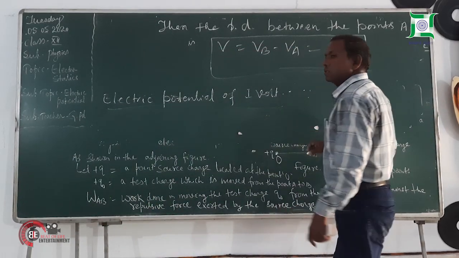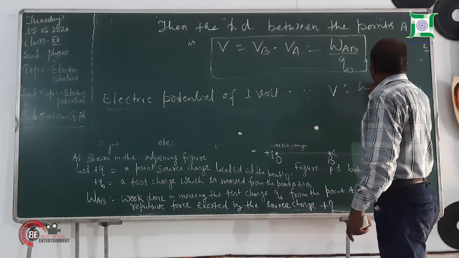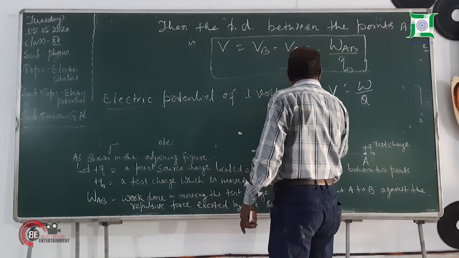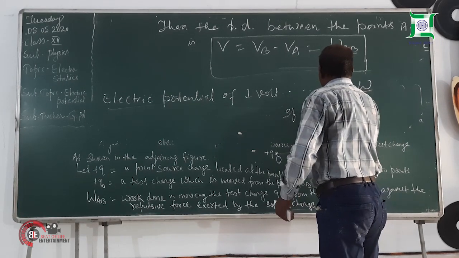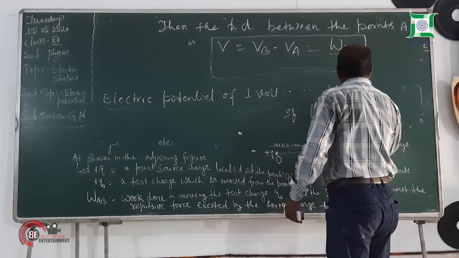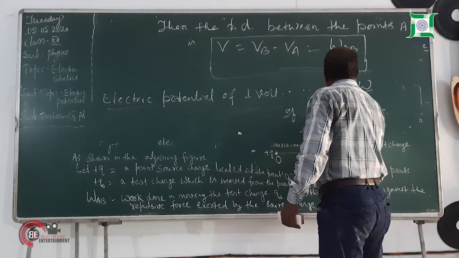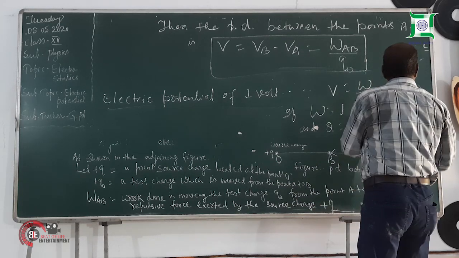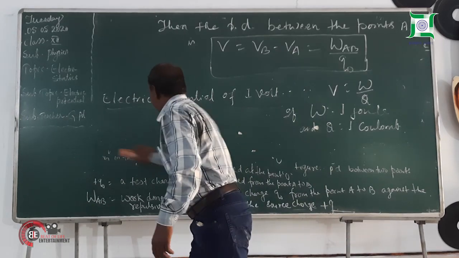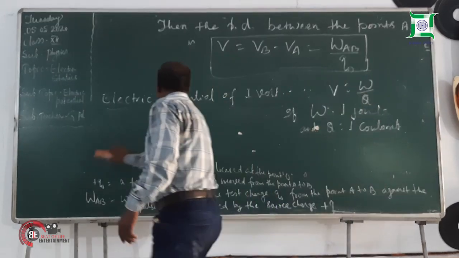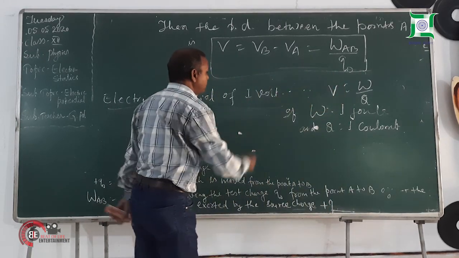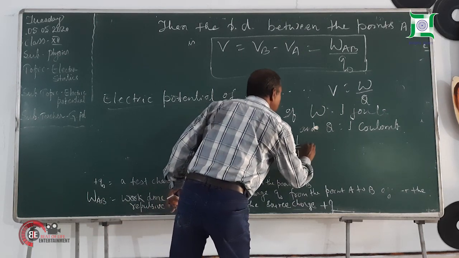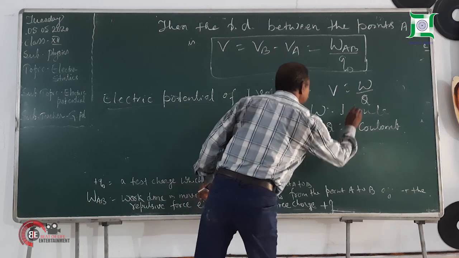Since V is equal to W upon Q, if W is equal to 1 joule and Q is equal to 1 coulomb, then we get electric potential V is equal to 1 upon 1, which is 1 volt.